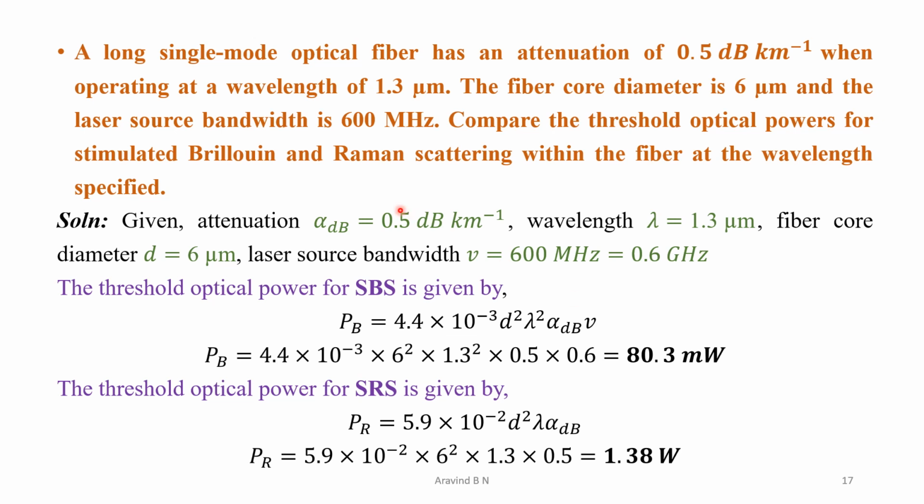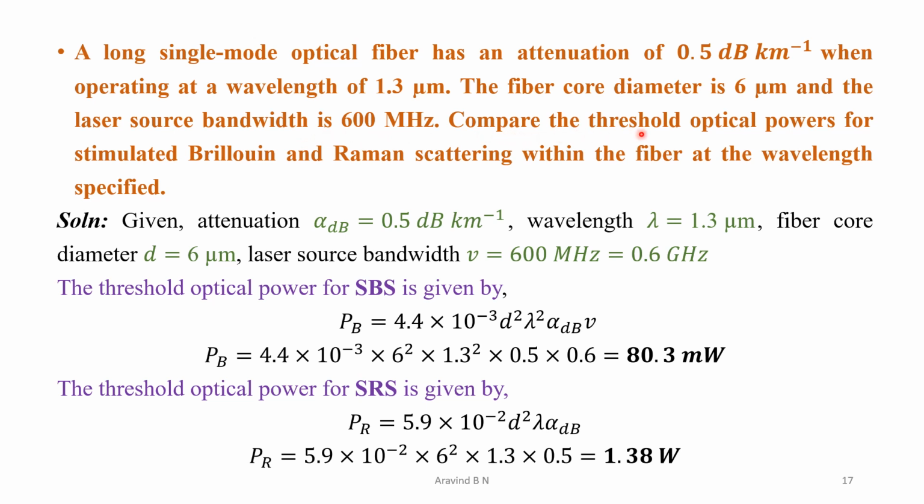Now let us go through a problem related to it. The problem statement: a long single mode optical fiber has an attenuation of 0.5 dB per kilometer when operating at a wavelength of 1.3 micrometer. The fiber core diameter is 6 micrometer and the laser source bandwidth is 600 megahertz.